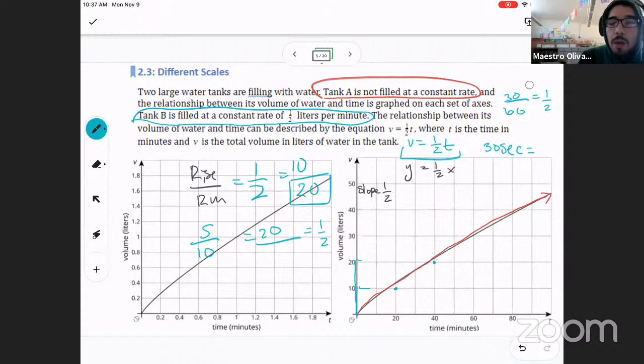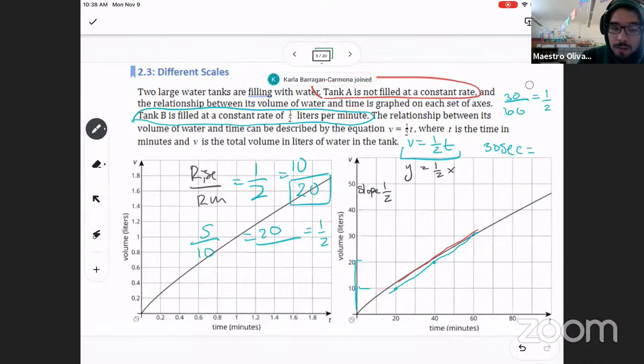Once you have a couple of points, you can go ahead and graph. I know this looks very messy, so I'll go ahead and erase. Actually, no, I want to leave that there, and I'll just erase this part right here.